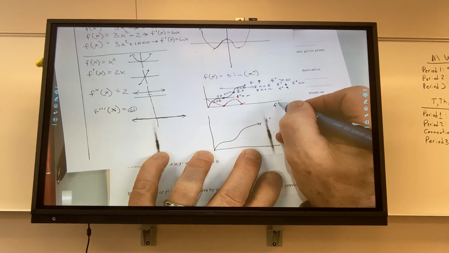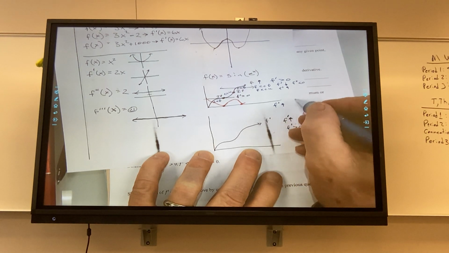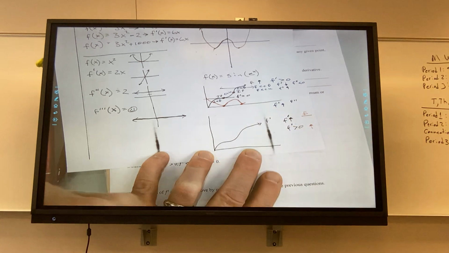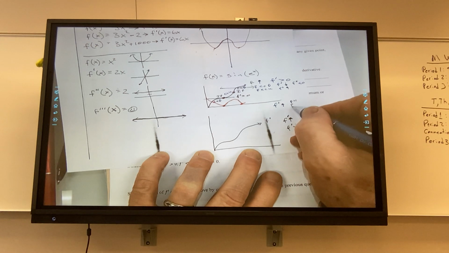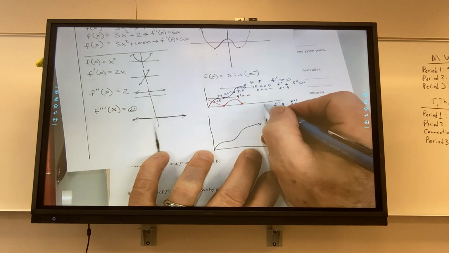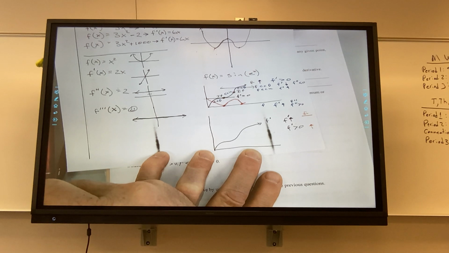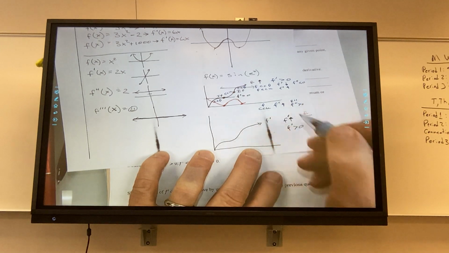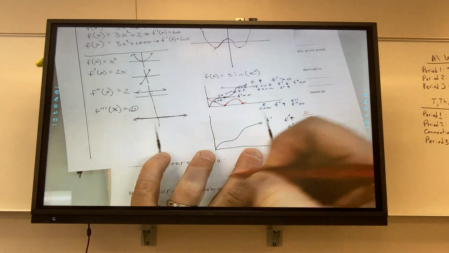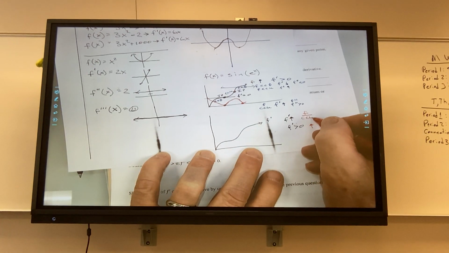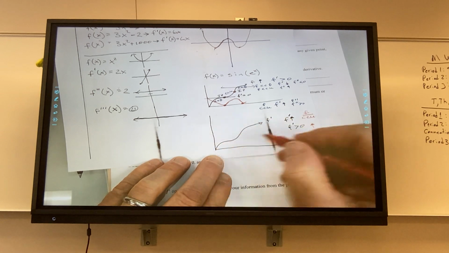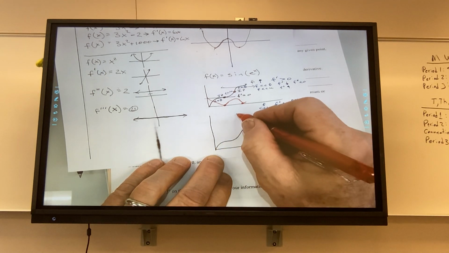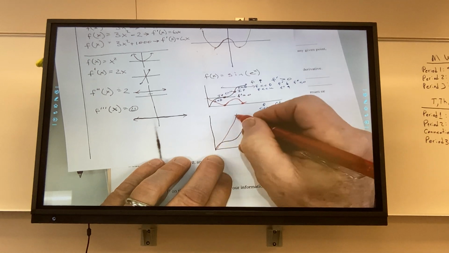Here's the derivative. It's increasing. Let me try it a different way. What does it tell you about the second derivative? It's positive. What does it tell you about the function? Concave up. So, that means this is concave up. So I'm gonna draw F. It's gotta be increasing and concave up. Bingo, I'm done.